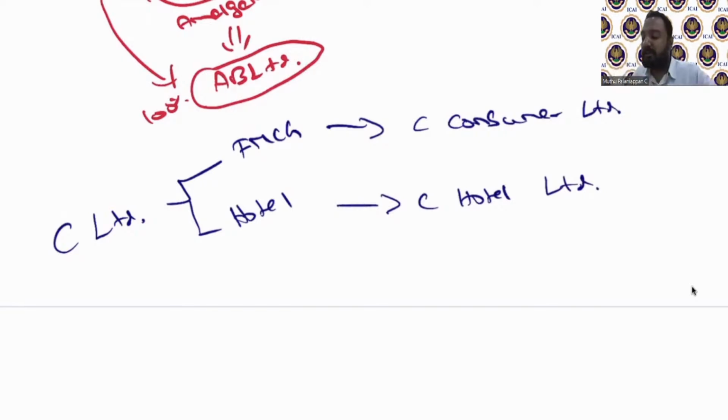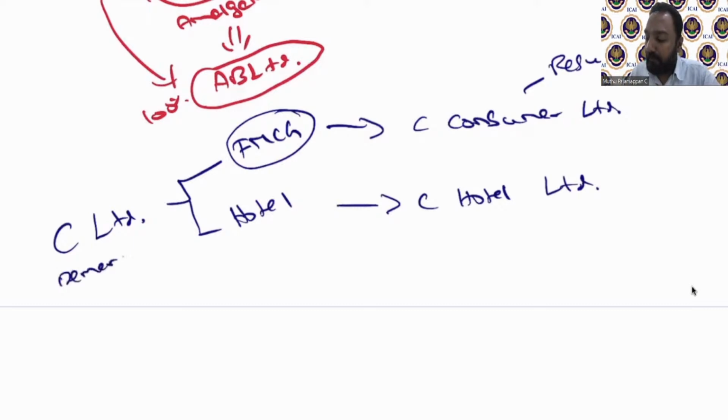So this is demerger. This split is called demerger. So now this will be called a resulting company. Resulting company. And this is the demerged company. Demerged company.